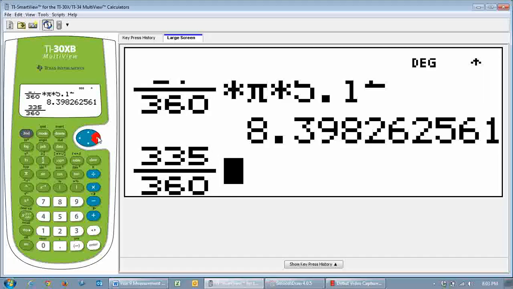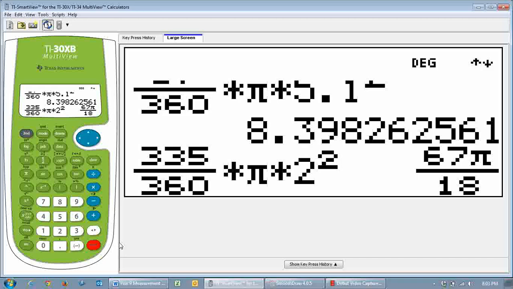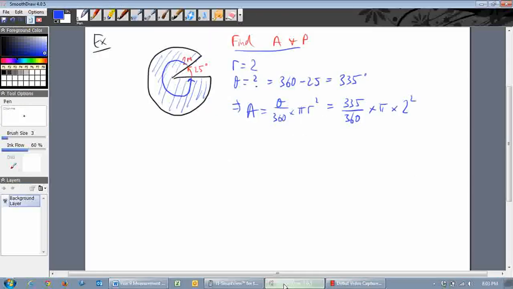Press right to get it out of the fraction. Times by pi times by 2 squared equals. Now it's giving us the exact answer here. Okay, so I'm going to go with that, 67 pi over 18. So that's our year 10 answer, equals 67 pi over 18.